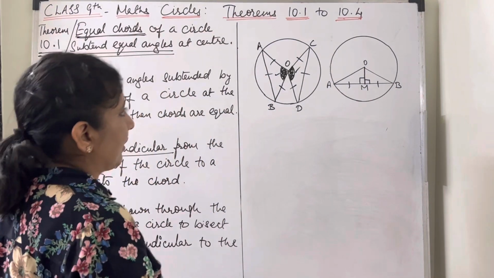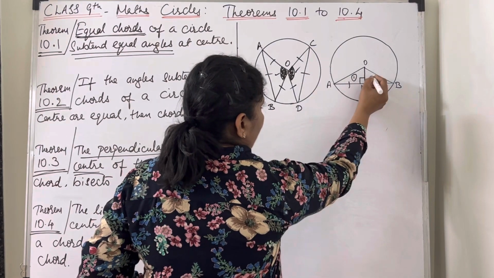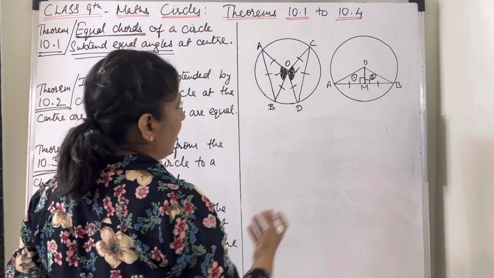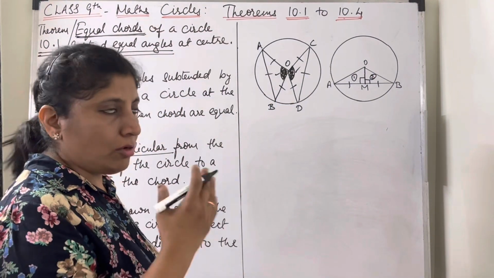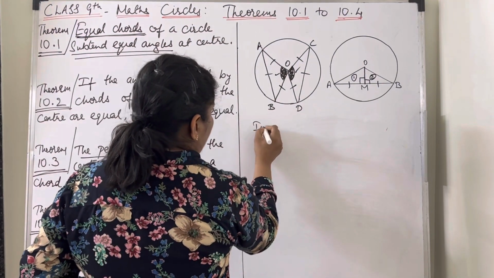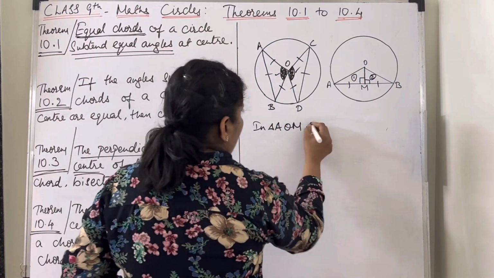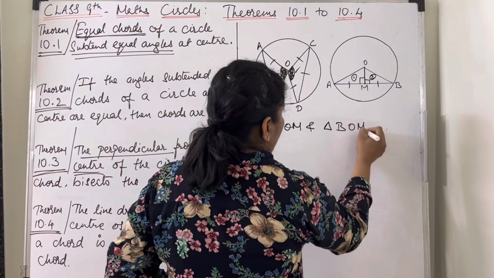So how to prove that? We can see there are two triangles, triangle 1 and triangle 2. Here also, the way we used congruence in the first two theorems, we have to use congruence. So we have two triangles, triangle AOM and triangle BOM.